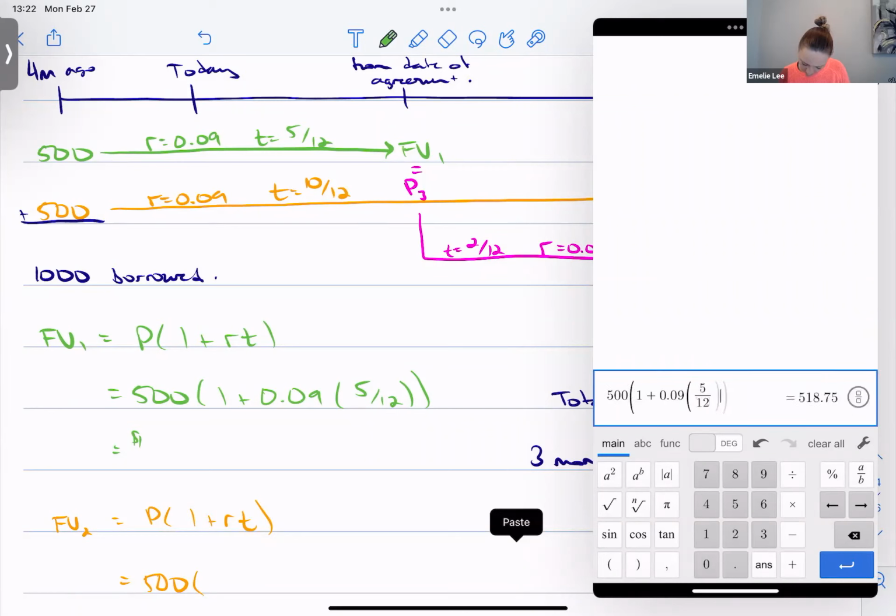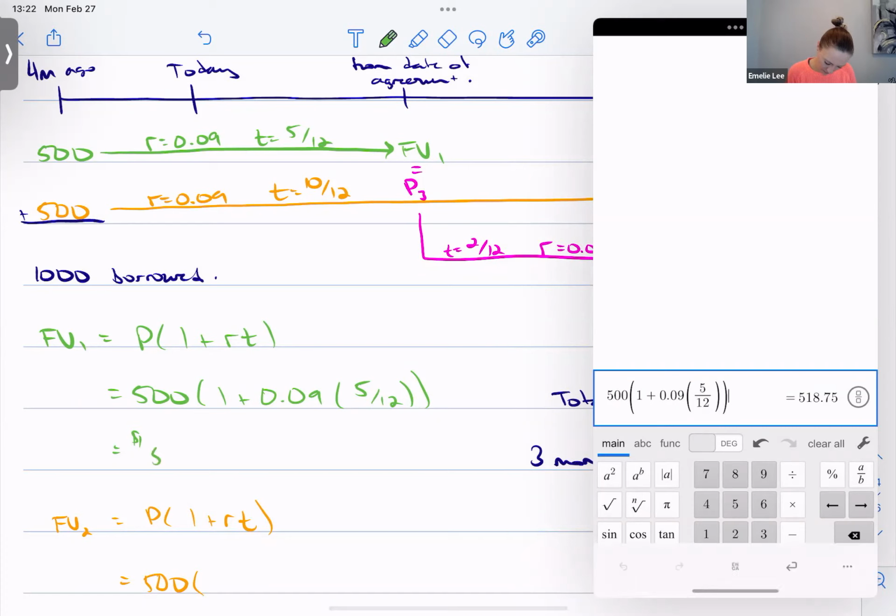Right, I solved the one that we need next already, but hey, these are coming out to nice rounded values. Fancy. 518.75.